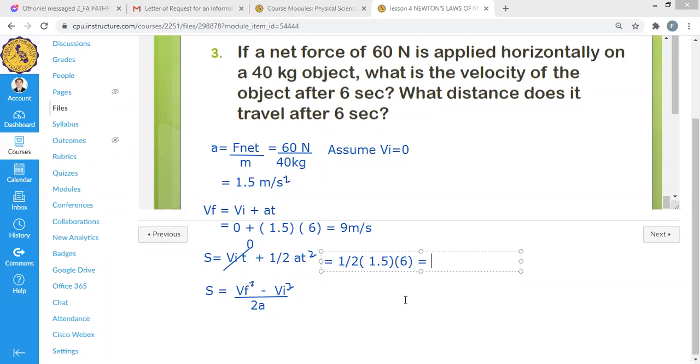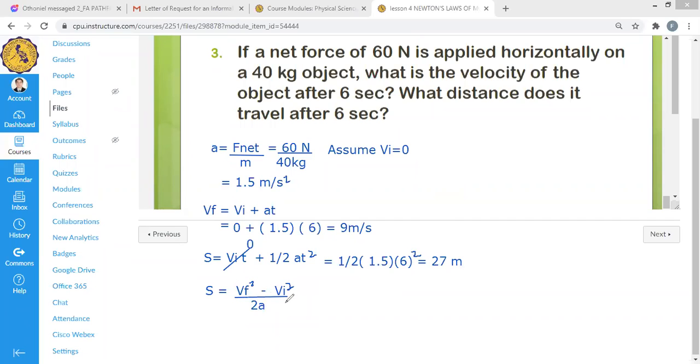Okay, then what's our answer there? Again, 6 being squared, 27. 27 meters. Since we have an MKS unit there, don't forget that this must be a square value.